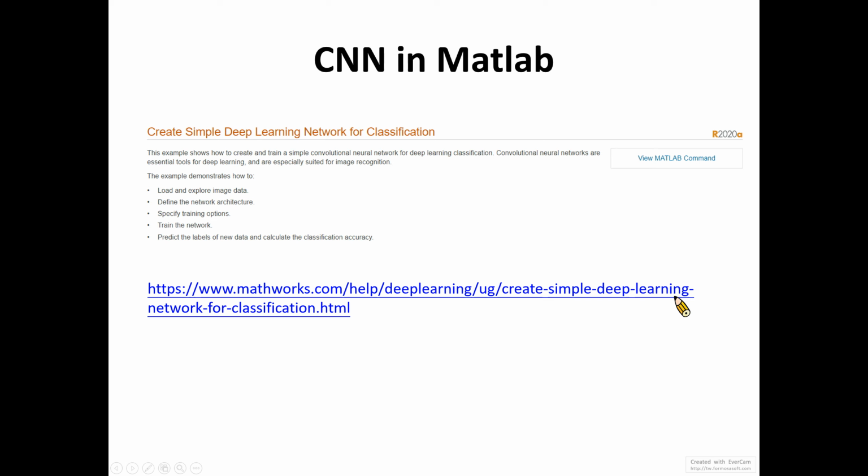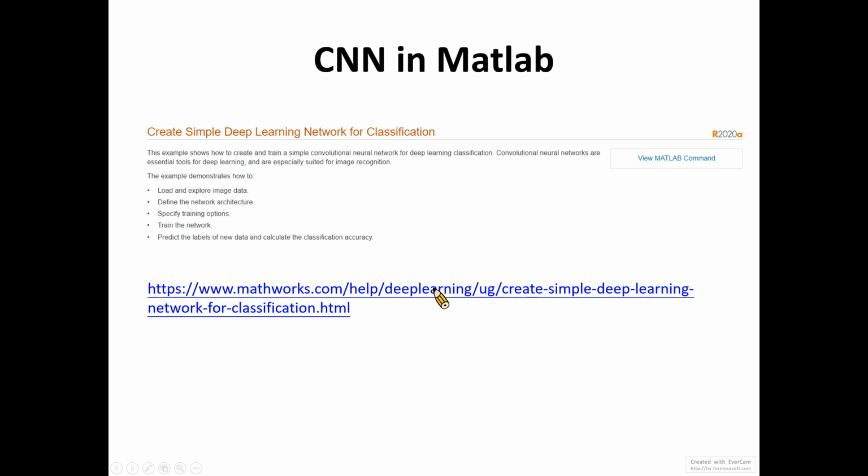For today's course, I want to show you one very important example on the internet, and I will use this example to show you how to do CNN in MATLAB. I will find time to give a fuller explanation of these models, but for now I will just use these simple CNN models for illustrative purposes.